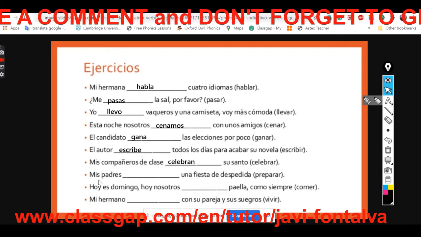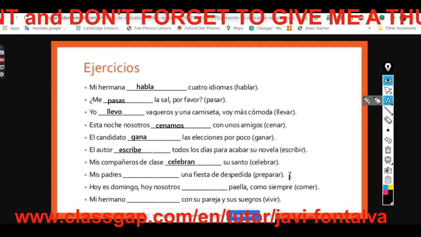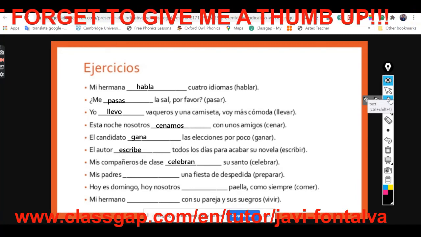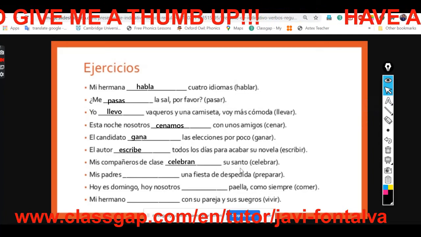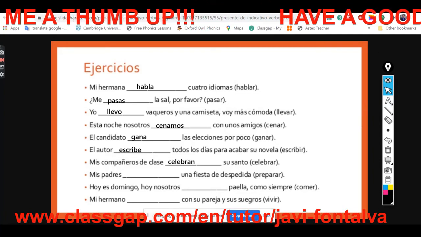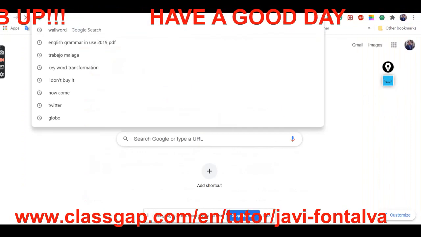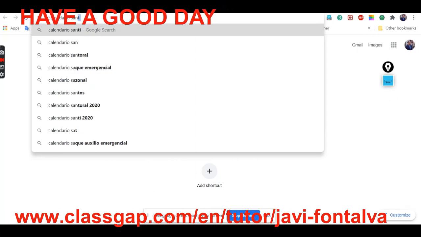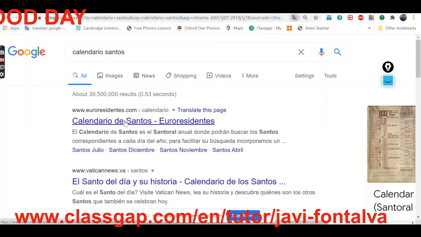Okay, next one. Santo means? I don't really know if over there you celebrate that. This is a Catholic thing, okay? So let me show you, so you understand better what I mean. Calendario Santos.